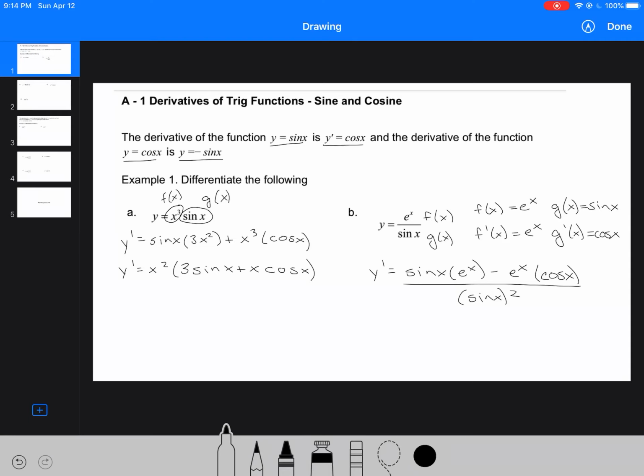Okay, and we'll just double check. So bottom times the derivative of the top minus the top times the derivative of the bottom all over the bottom squared. So that's all good.